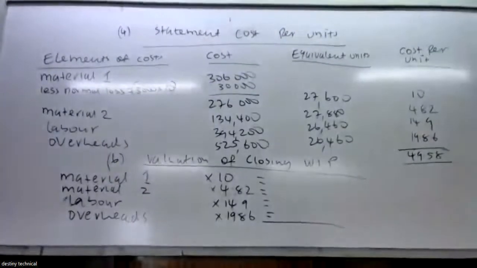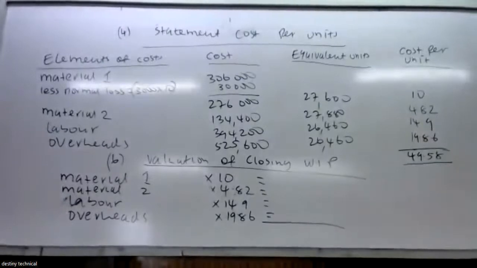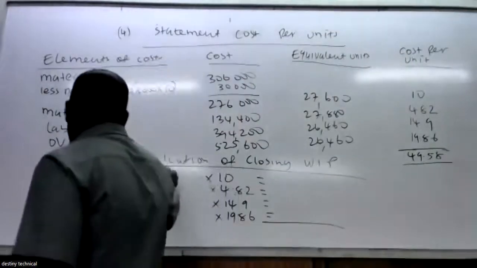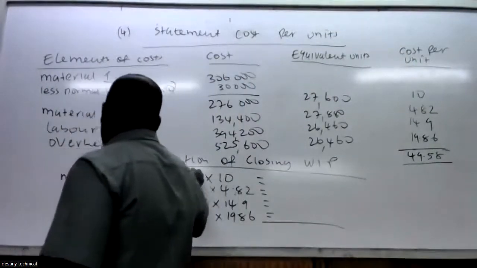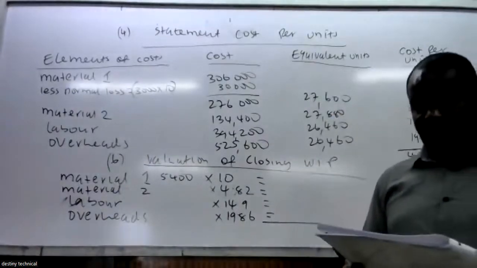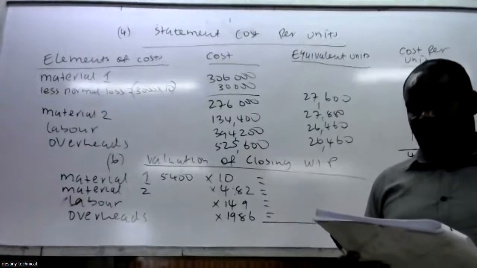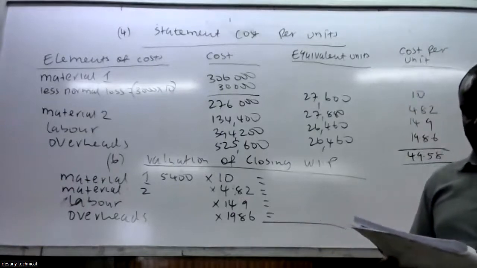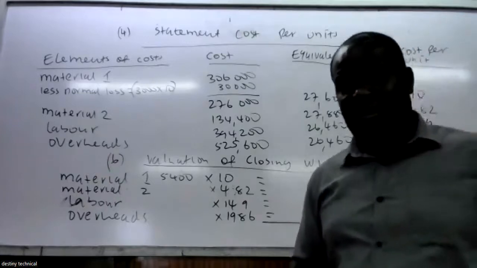Material 1, closing work in progress, there were 5,400. Material 1 was 5,400. So you remind me the one for material 2. Material 2 is supposed to be, remember the 60%?